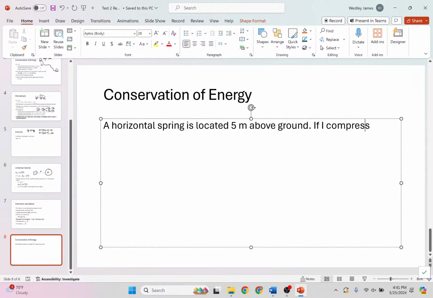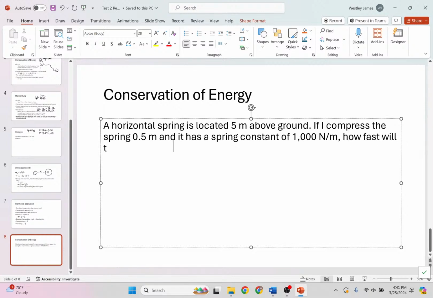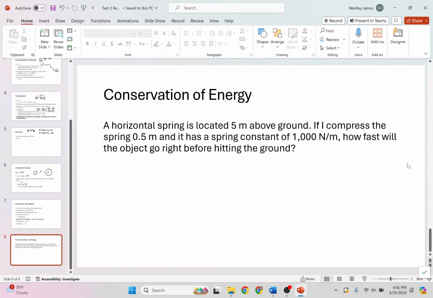If I compress the spring to 0.5 meters and it has a spring constant of 1,000 newtons per meter, how fast will the object go right before hitting the ground? The wording here is not the most eloquent, but go ahead.